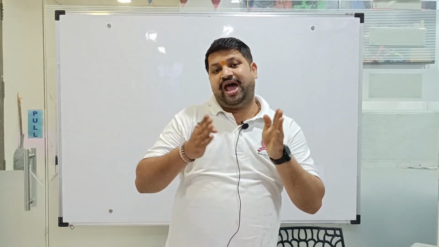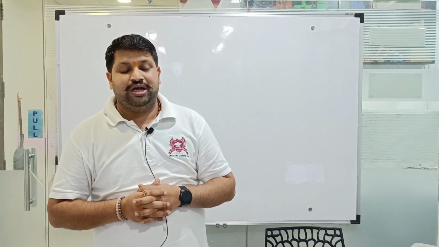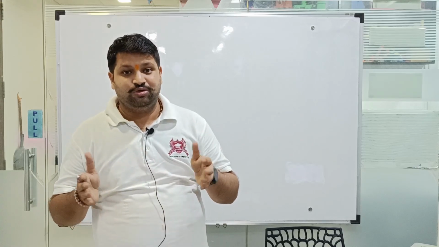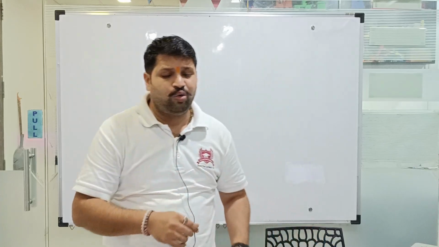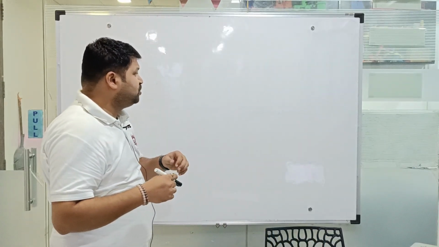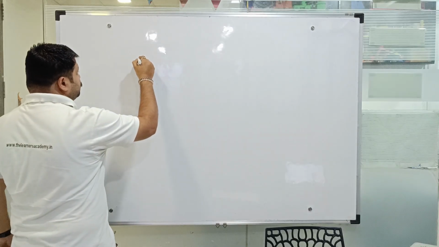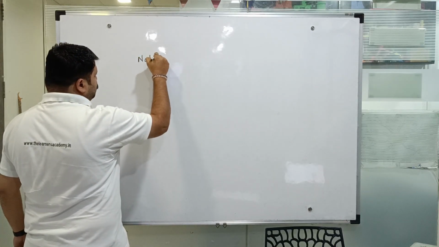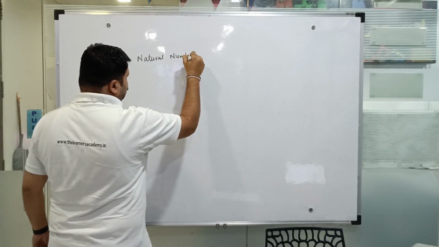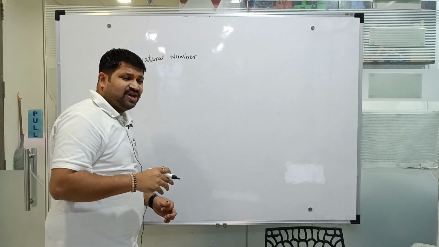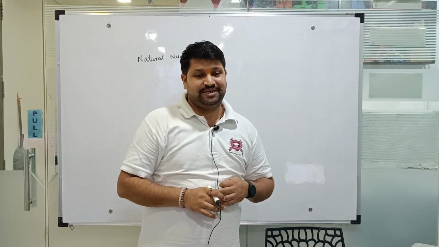Now, if we add 0 to natural numbers, we call the group of numbers whole numbers. Let's make a note of this as well. First we have the group of natural numbers. In mathematics, if we have a group of something, we call it a set.